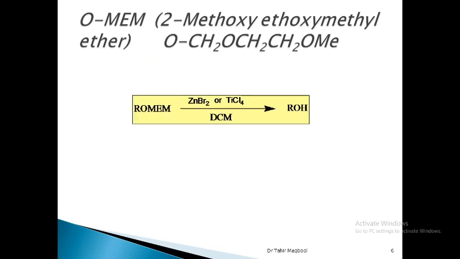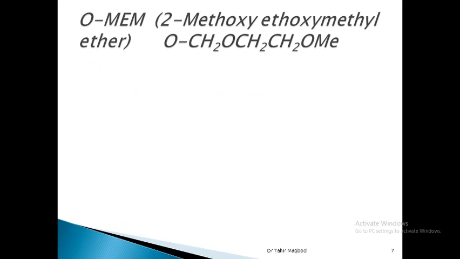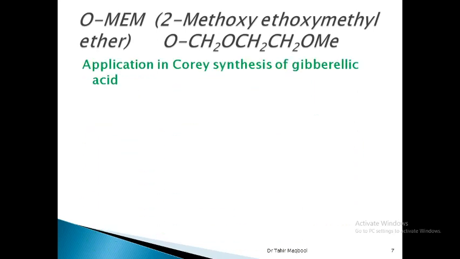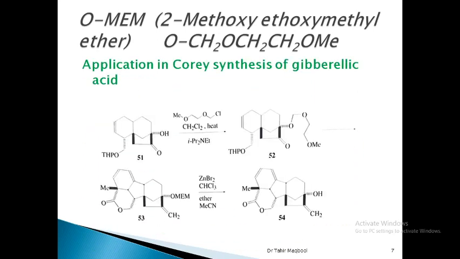Here is the most common, or general, method for the removal. The RO-MEM substrate will be treated with zinc bromide or titanium chloride in DCM in order to regenerate your alcohol.